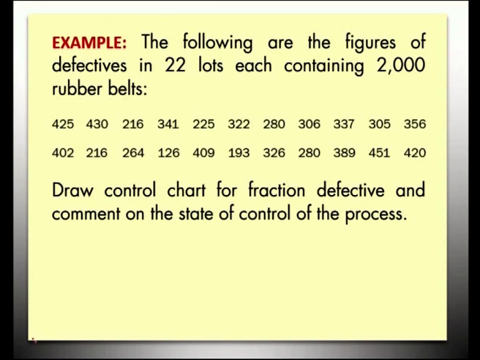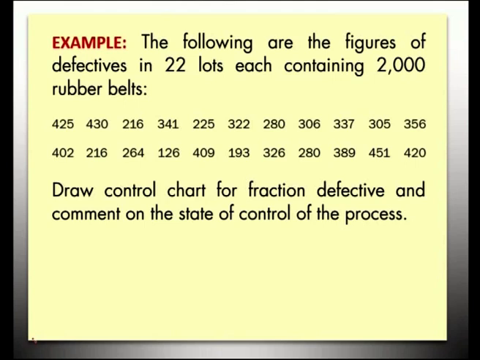Draw a control chart for fraction defective and comment on the state of control of the process. So, 22 lots are taken into account and each lot consists of 2000 rubber belts.